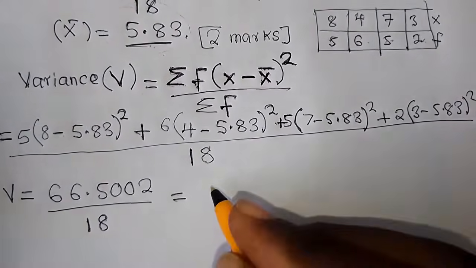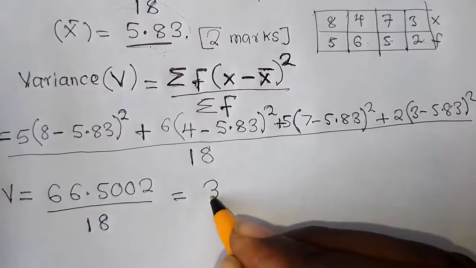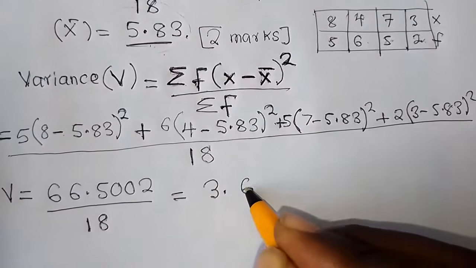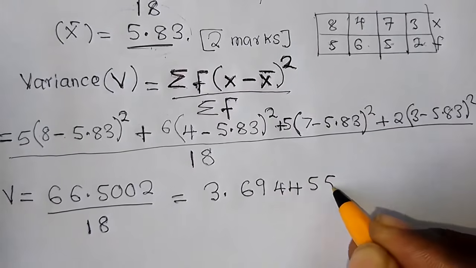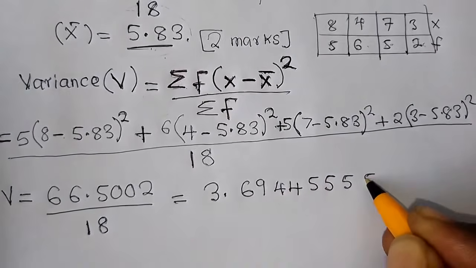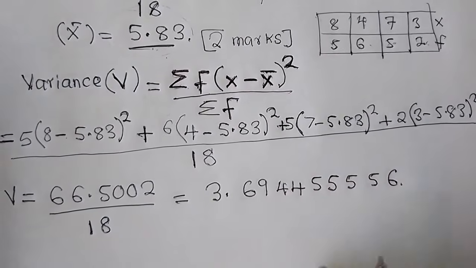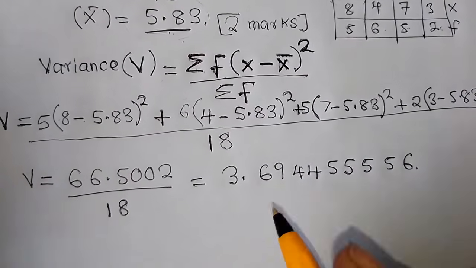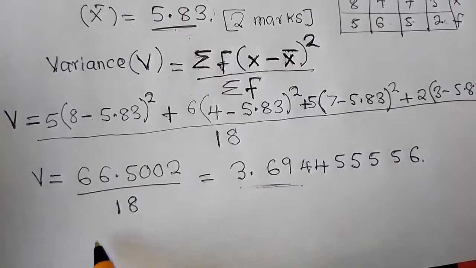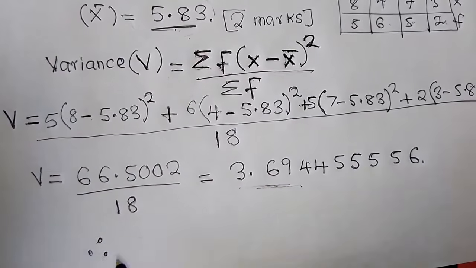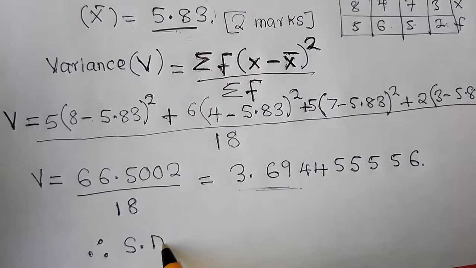You get 3.6944555556. Have you seen? So this is your variance.